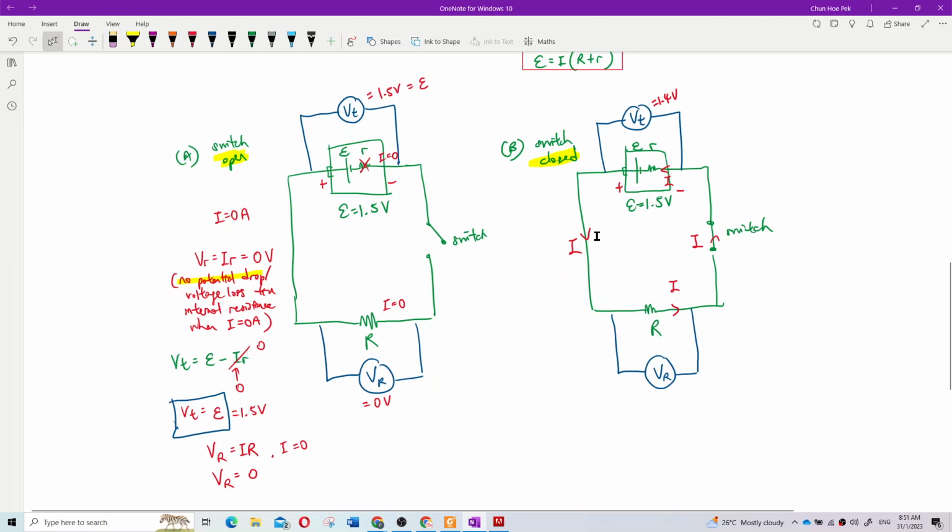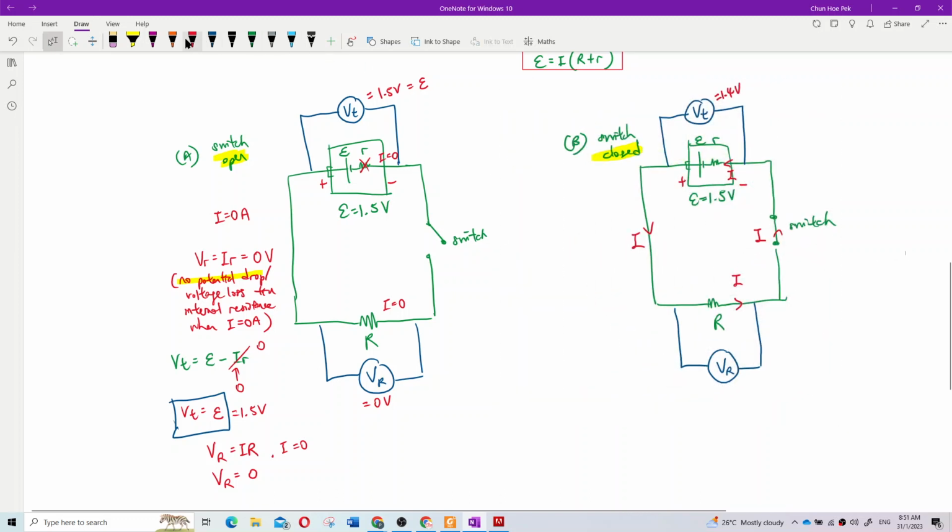This one has current. So this one also has VR, which is IR. Understand? Okay. So what happened is this thing has current.